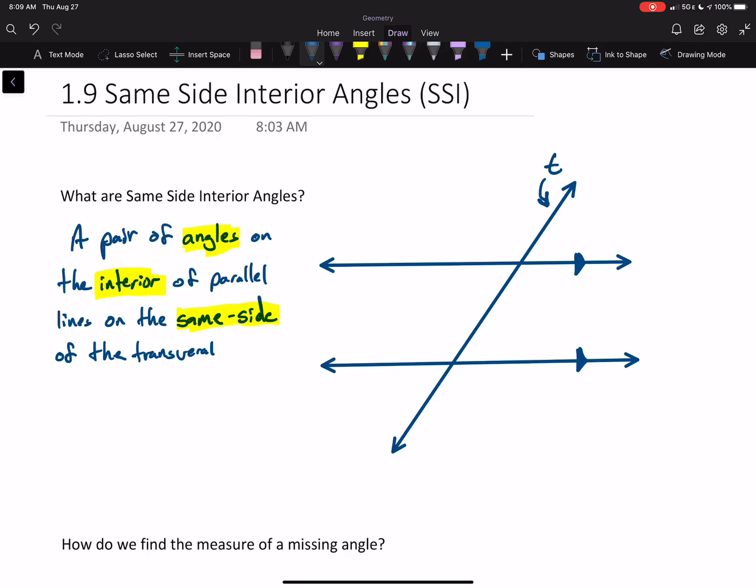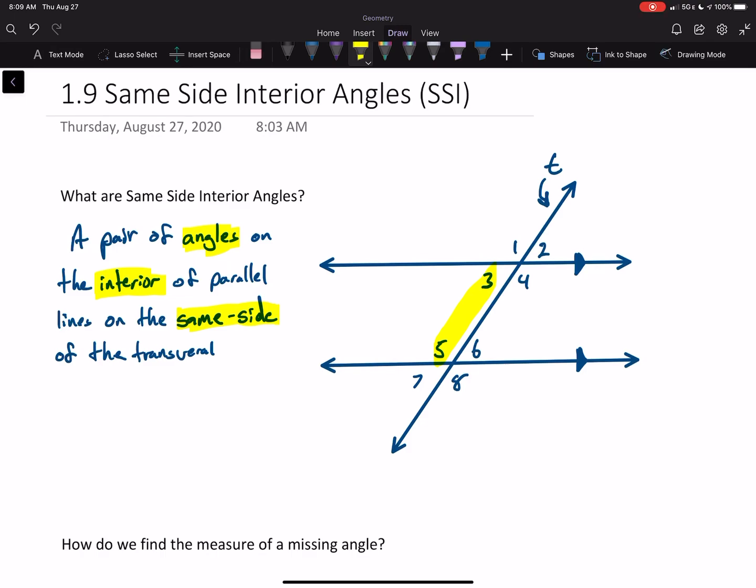So the same side means that, so let's name these angles. So like 1, 2, 3, 4 here, 5, 6, 7, 8. So that would mean this right here, 5 and 3, those are same side interior angles. So they're both on the interior, so they're in between the two parallel lines.